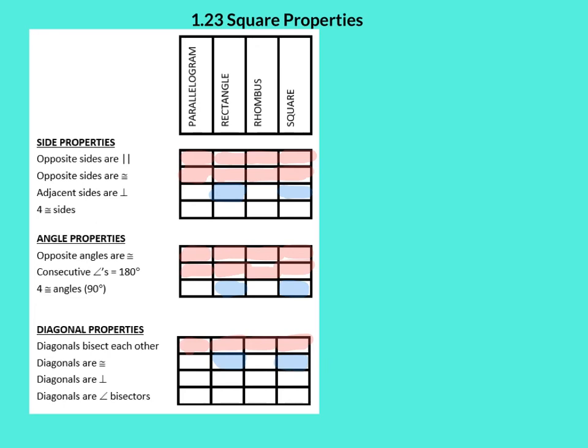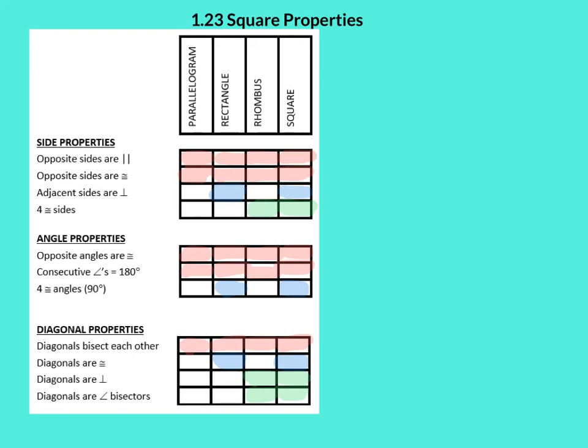Next, we go to the rhombus. The rhombus adds 4 equal sides, and it adds that the diagonals are perpendicular and angle bisectors. Because of that, we also know the square would have those.